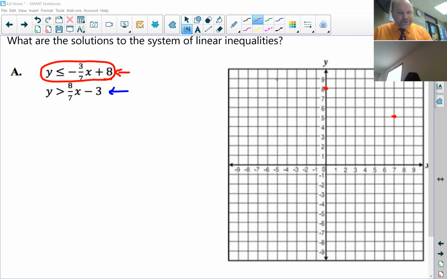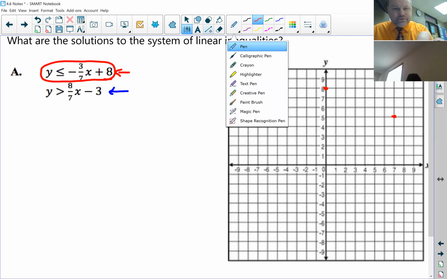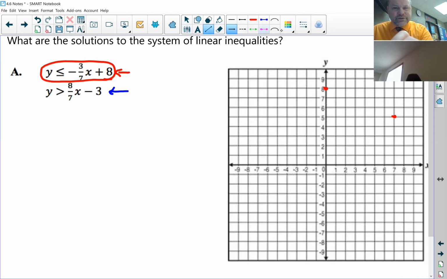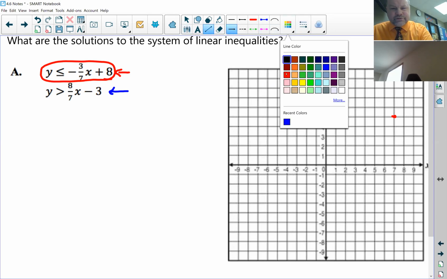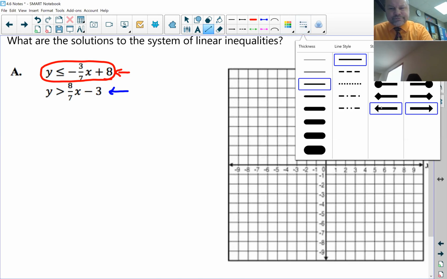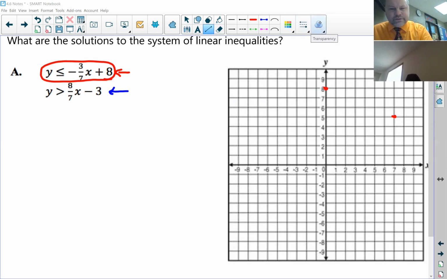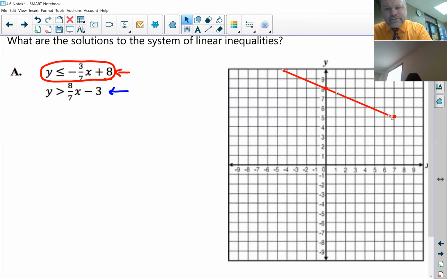Total agreement on the chat that it will be solid. Again, there's a solid line underneath it. So I am going to draw a line through my 2 points.